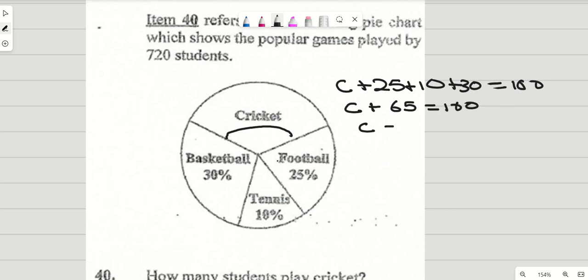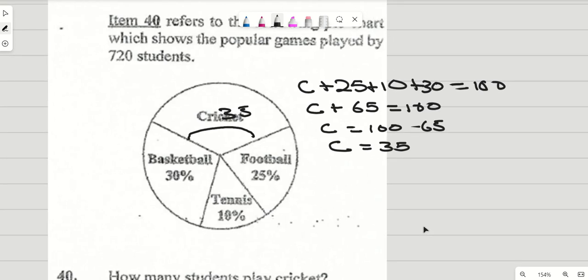So C is equals to 100 minus 65. So C is equals to 35. So this here is 35. So cricket is 35. They're asking you what is 35%. We know that your total is 720 and total percentage is 100.